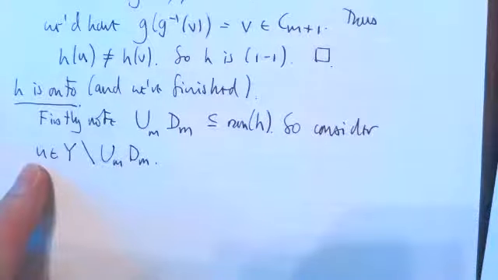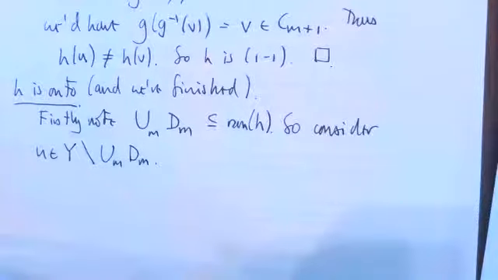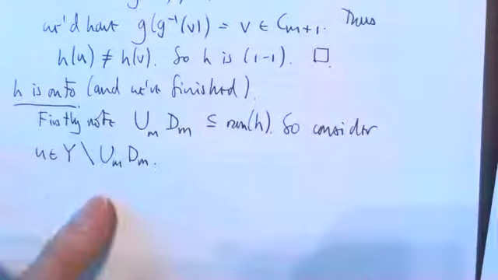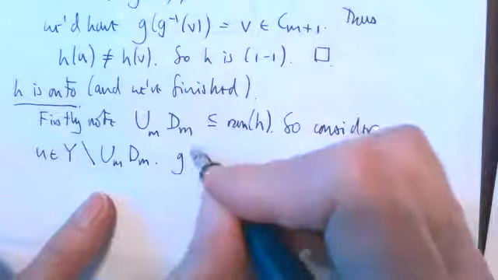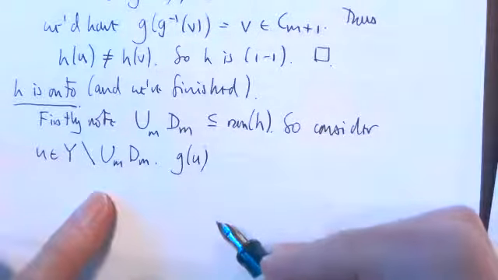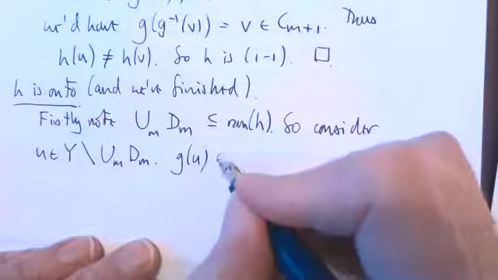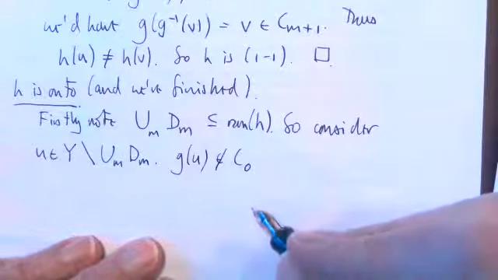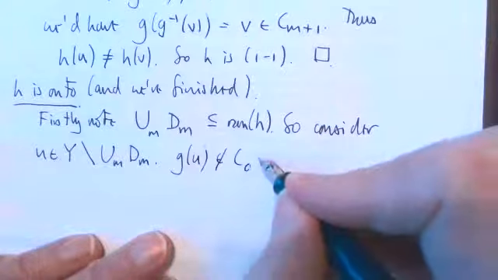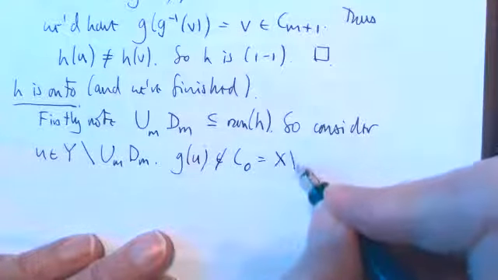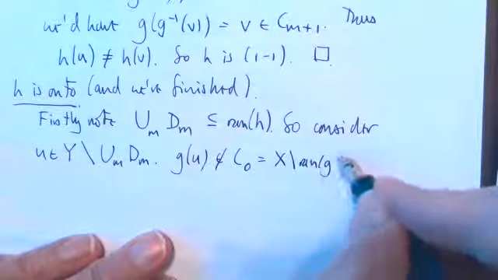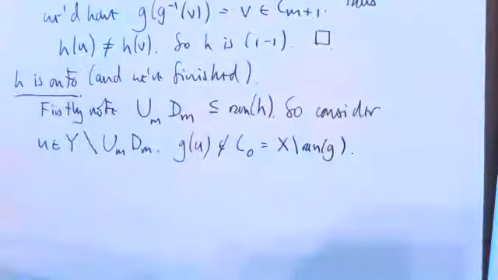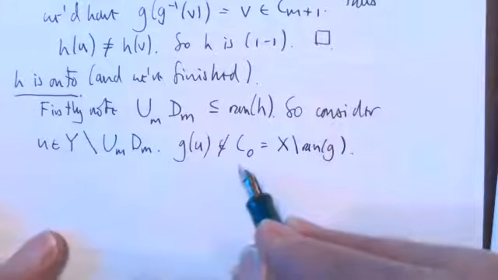So u is in Y, down there on that bottom shelf. When I look at g of u, it's not in C0, because C0 was X minus the range of g. On the other hand, it's not in any of the other C's either.